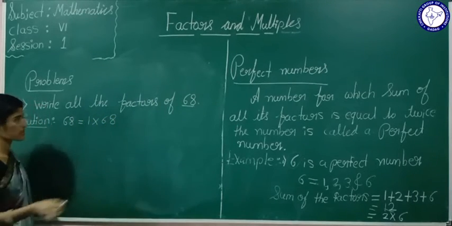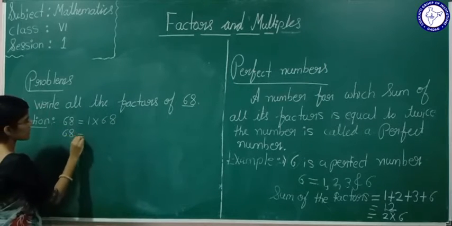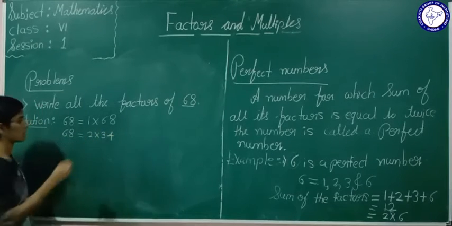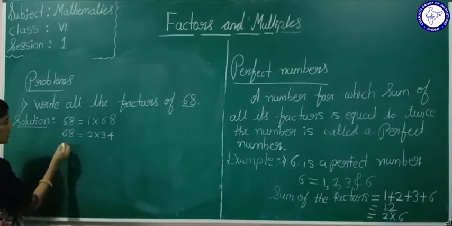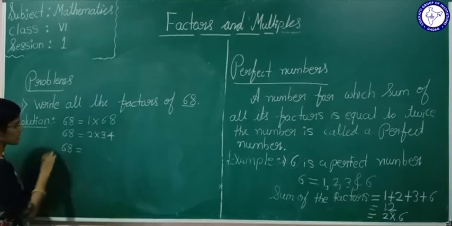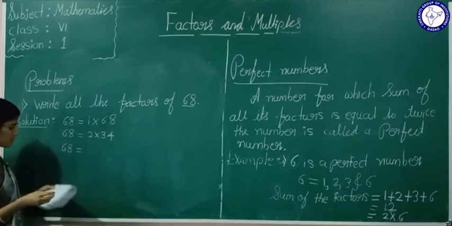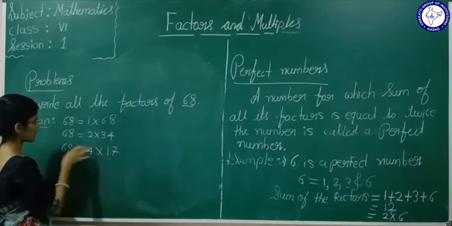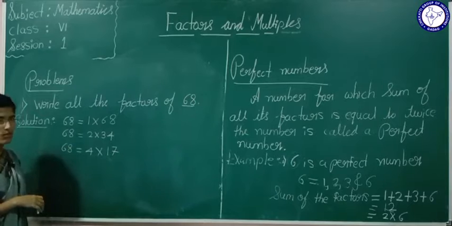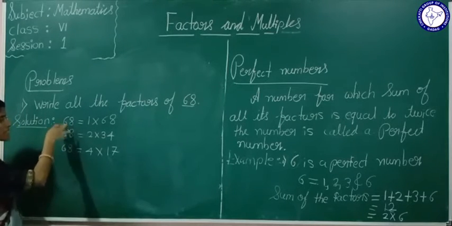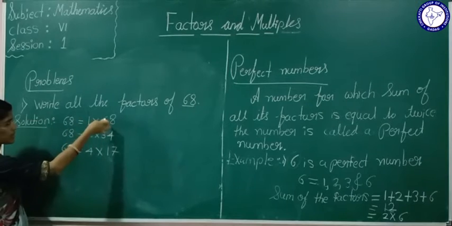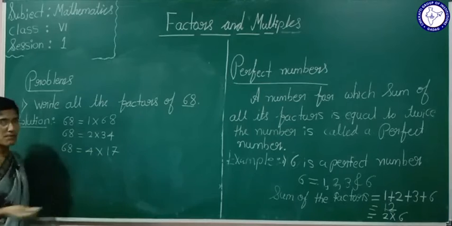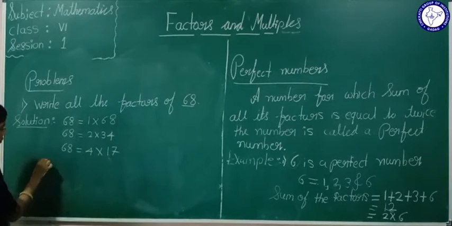Yes or no, students? And 68 can be written as 2 multiplied by 34. Again 68 can be written as 4 multiplied by 17. 4 seventeens are 68. So this 68 can be expressed as 1 multiplied by 68, or 2 multiplied by 34, or 4 multiplied by 17.